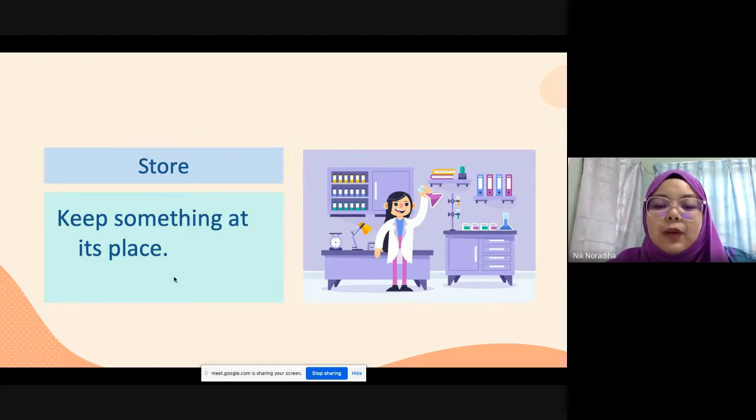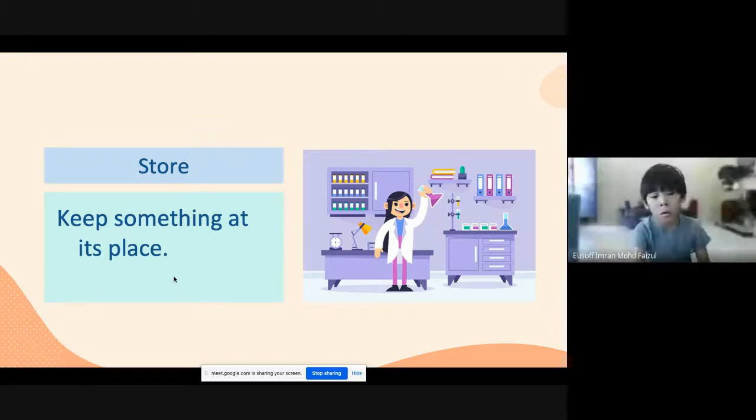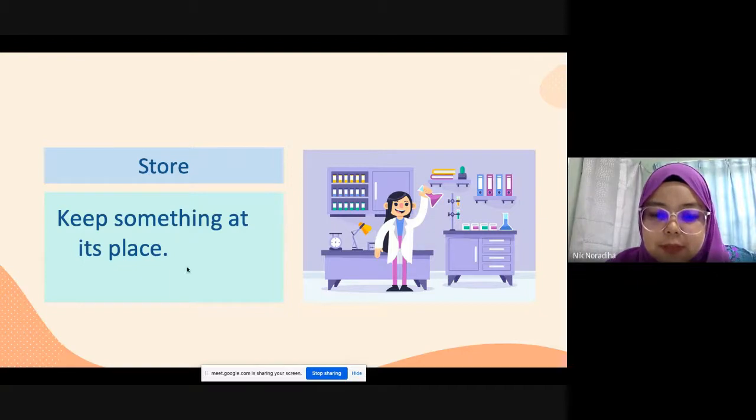After we are done with the experiment, we have to keep all the science apparatus back at the science laboratory, at its place. That is what we mean by store. Who turned on the microphone? Do you have anything to ask teacher?